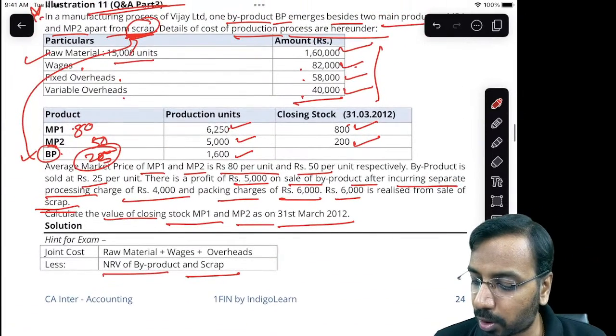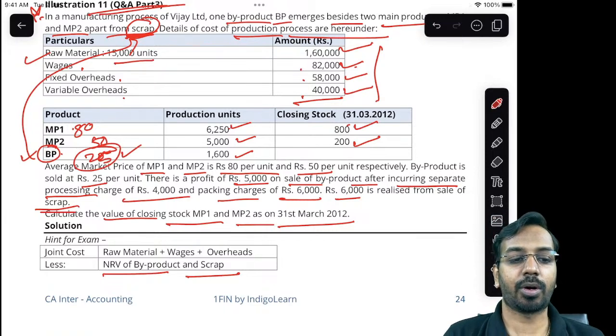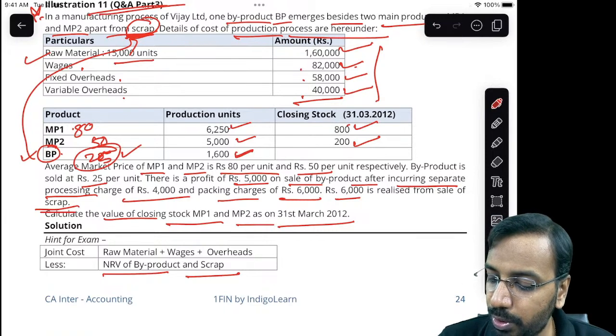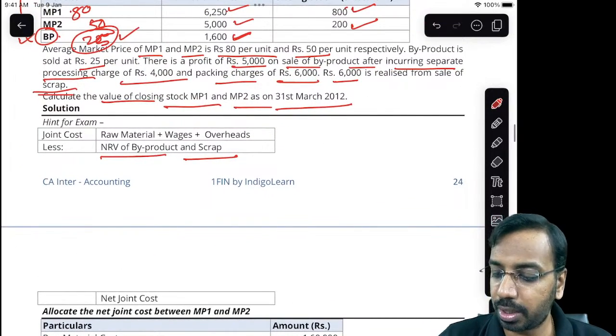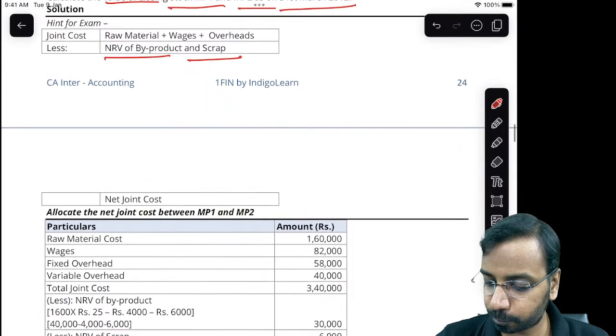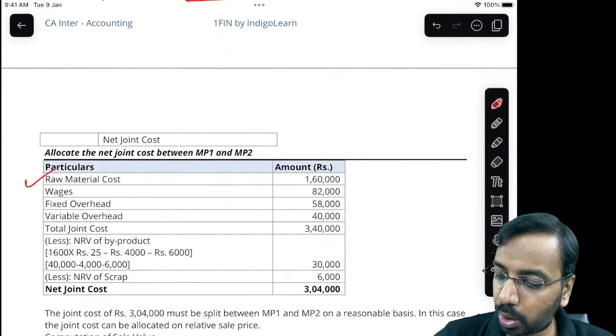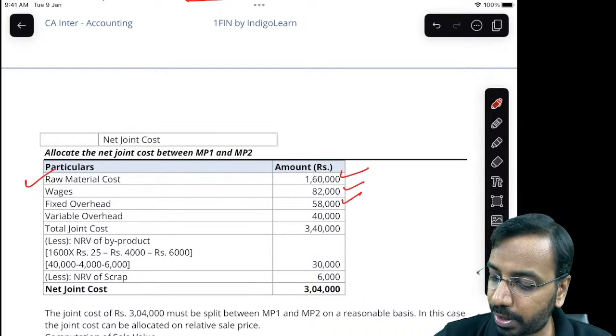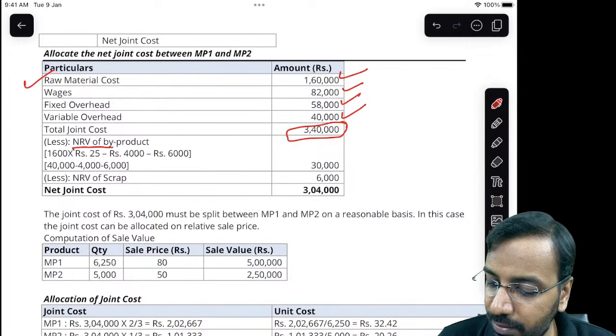What is the NRV of byproduct? NRV of byproduct is 25 and production unit is 16,000. So raw material cost 1,60,000, wages, fixed overhead, variable overhead. This is the total joint cost. From this, you will reduce the NRV of the byproduct.